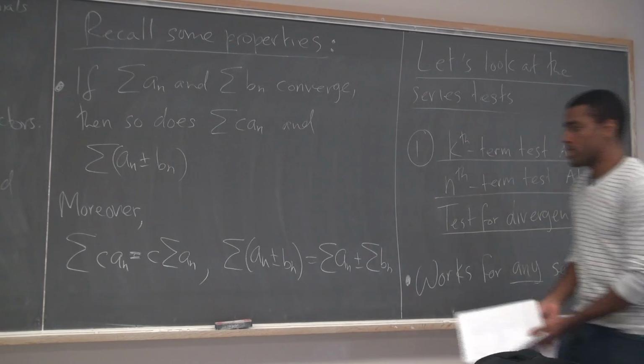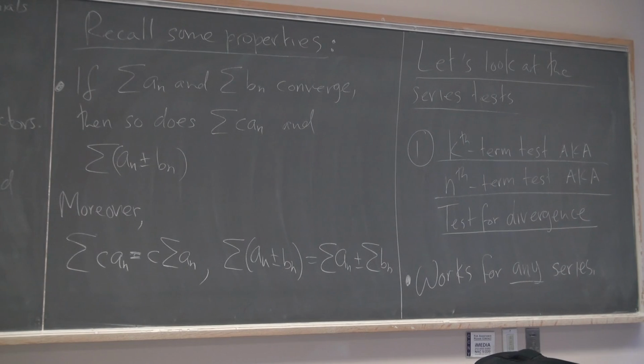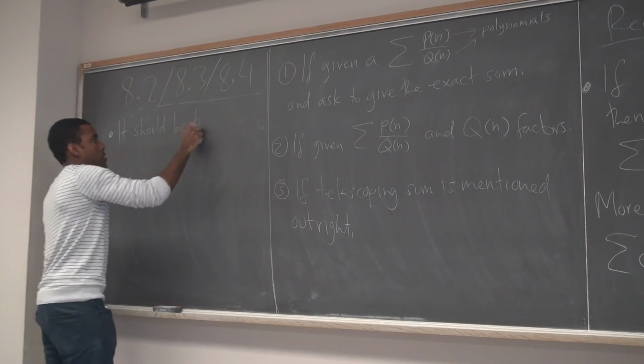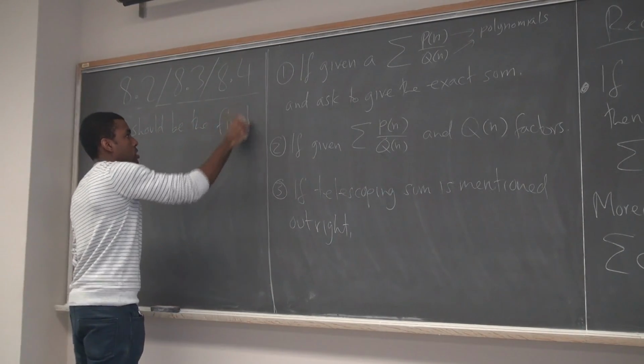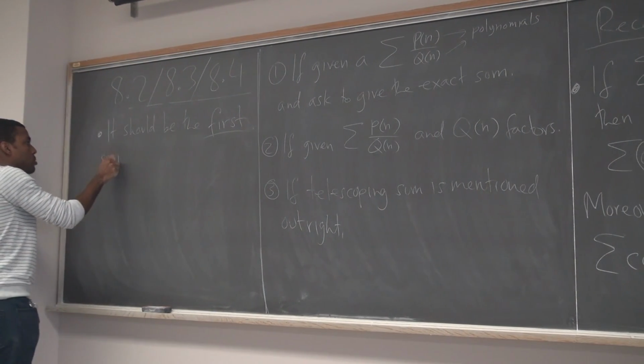It should be the first thing that you look for, so I'll also put that as a bullet point. That's why I'm reordering it in the table. It's the first series test you think of applying.